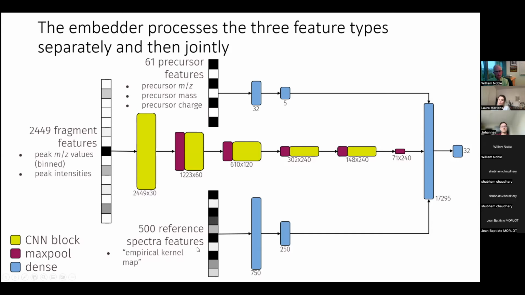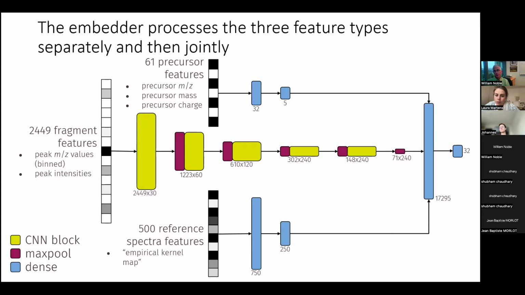And so the reference spectra features are similarities to a randomly selected set of reference spectra that are computed in high resolution, with the concept being that that high resolution information can then get reflected in these additional 500 features.